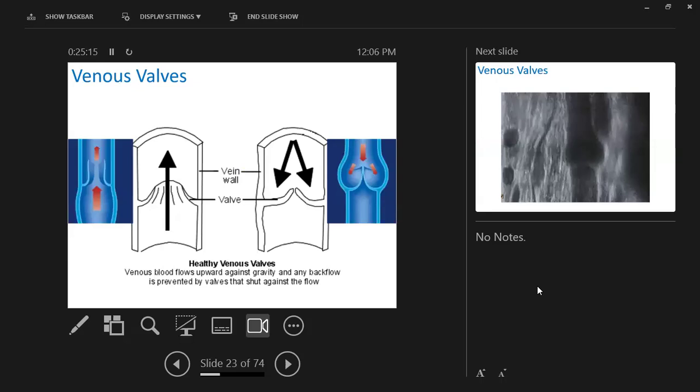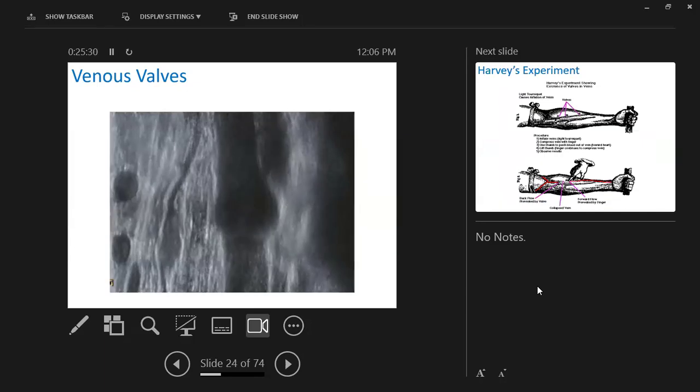And this is how the valves work. They push up, gravity pulls the blood back, the flaps go shut, and we retain blood there until the next contraction.